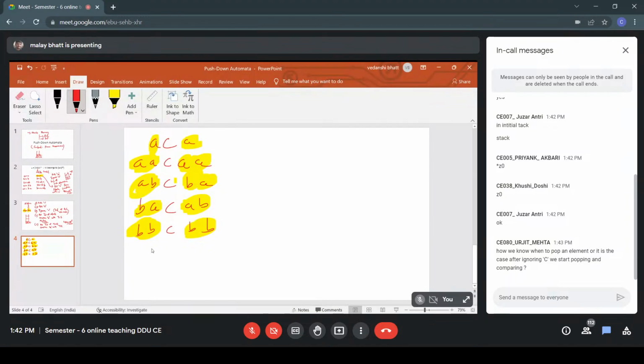we have four parameters here, which is very important. To define this PDA, we are writing directly the transition table.